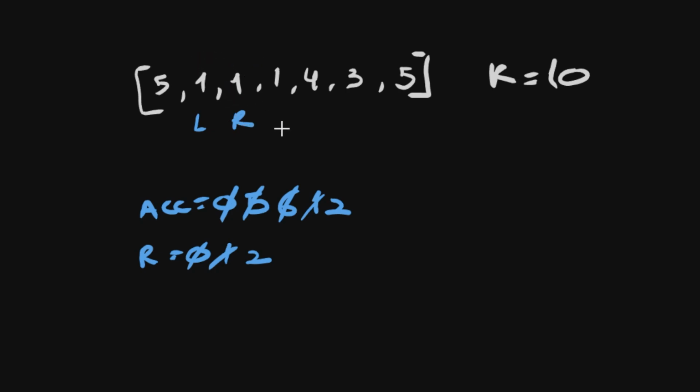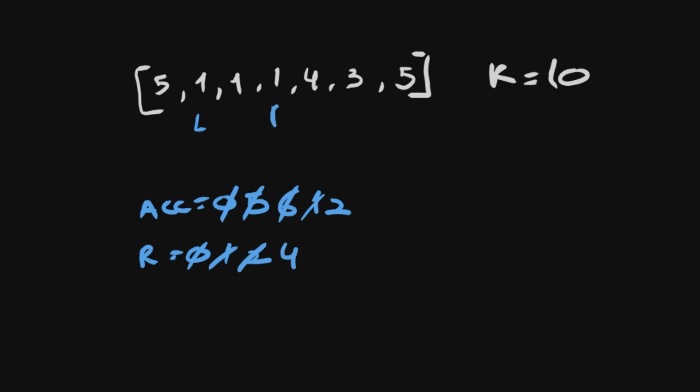Meaning we can add r minus left plus 1 subarrays. Okay, meaning 2 minus 1 plus 1 subarrays. So the result is now 4, and we update the right pointer.